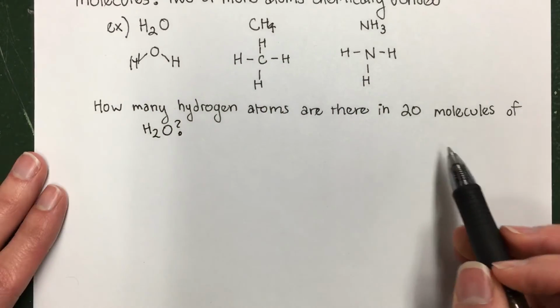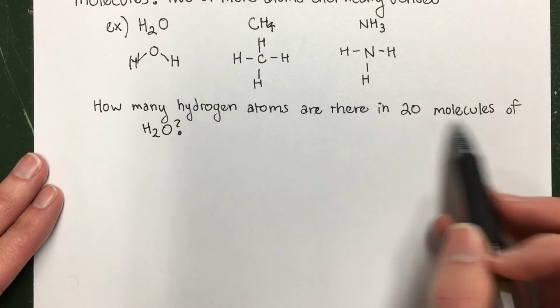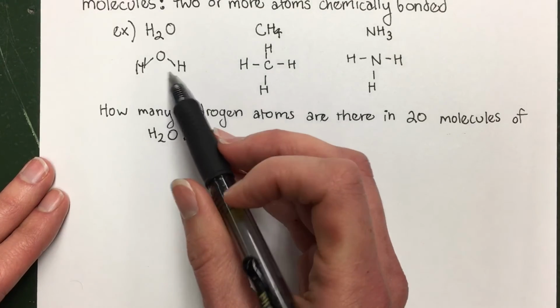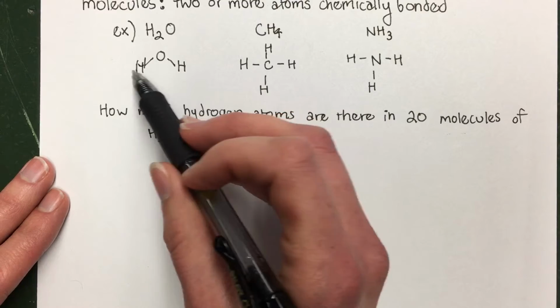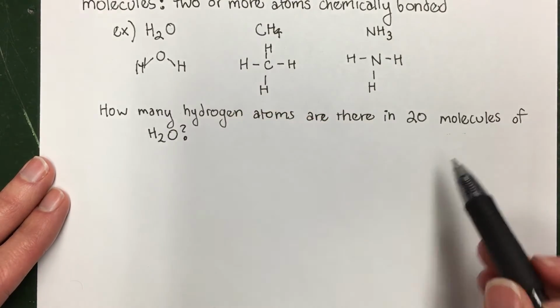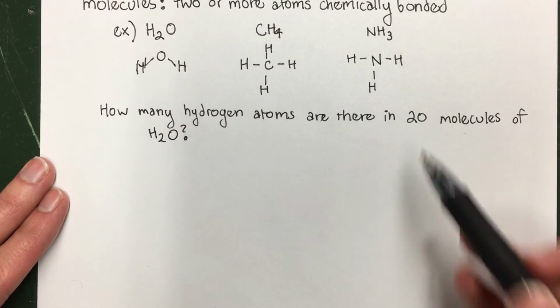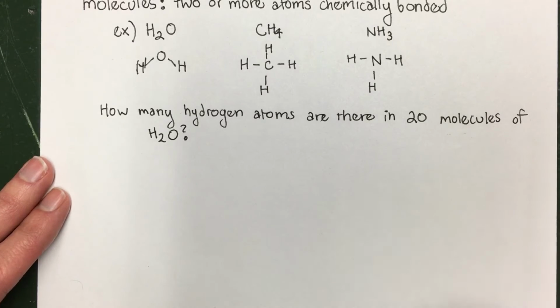Okay, so a lot of you can probably just look at that and say, well if I have 20 molecules of water, I know that each molecule has 2 hydrogen atoms, so that means I'm going to have 40 hydrogen atoms if I have 20 molecules.